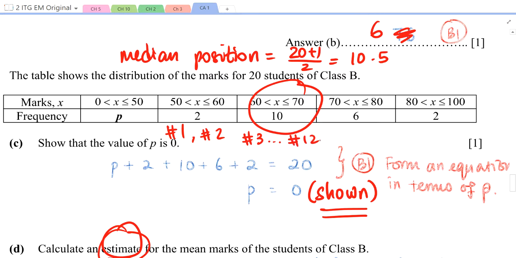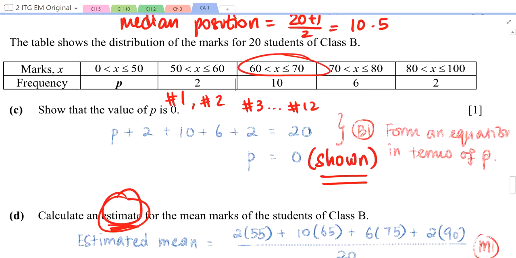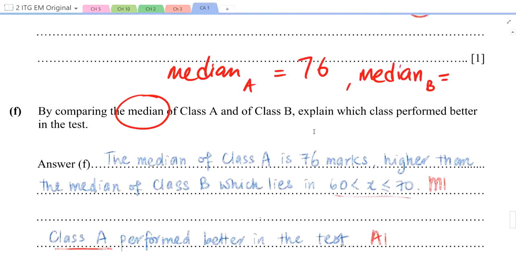So 10.5 falls within this range. My median position falls within this range, 60 to 70 marks. Do you know the exact median? Don't know, because you don't know how the students did individually. So all I can say is that the median in class B falls between 60 and 70.